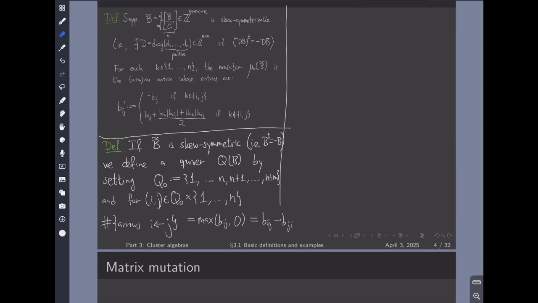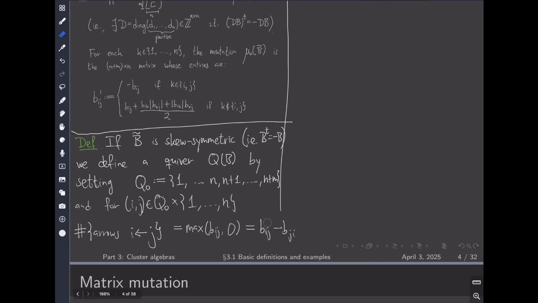Because Bij is minus Bji. That's the number of unoriented arrows, maybe. Okay, yeah, but we always get two times. Yes, you are right.